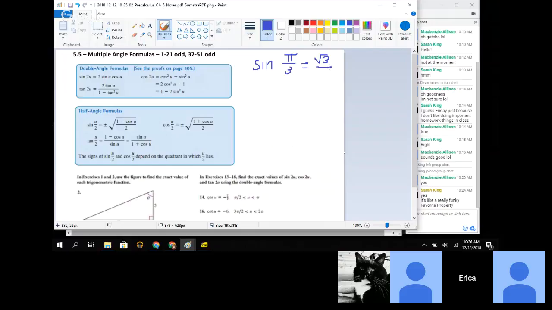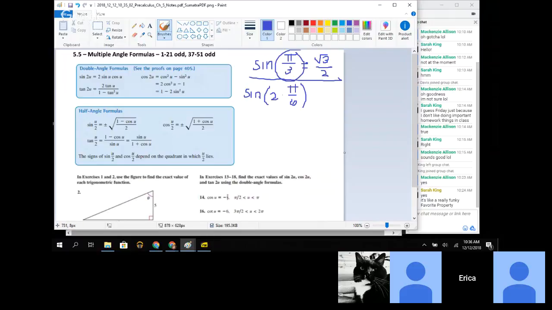So you wouldn't necessarily use this method for this, but I just want to prove that it works. Another way you could think of the sine of pi over 3 is that it is the sine of 2 times pi over 6. Those are the same thing.